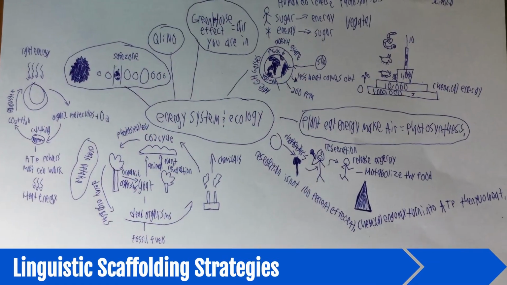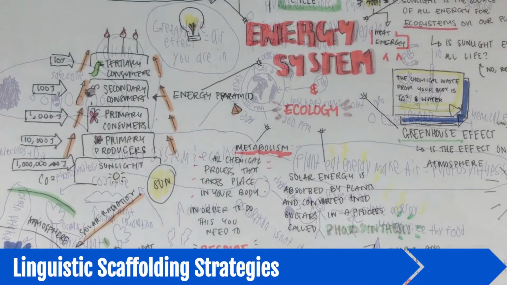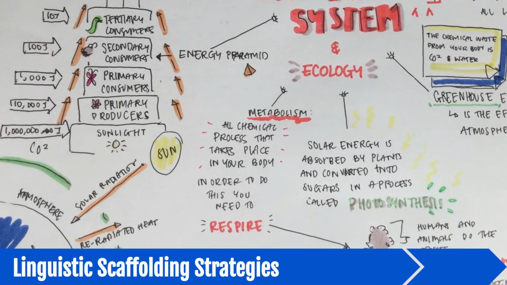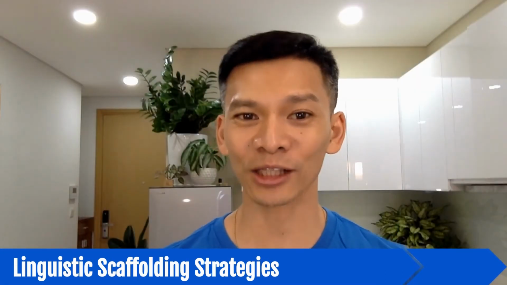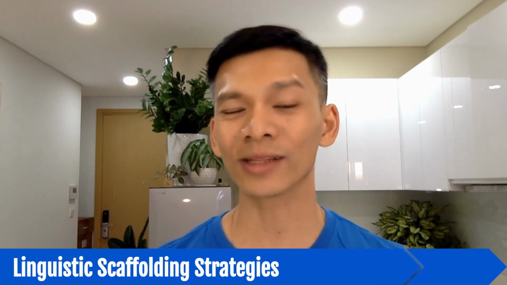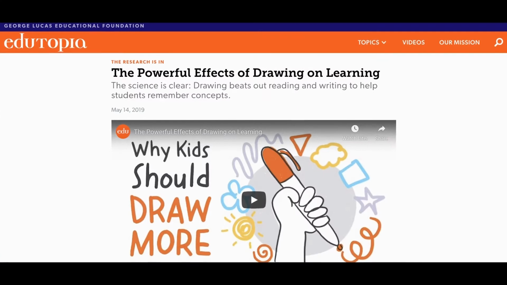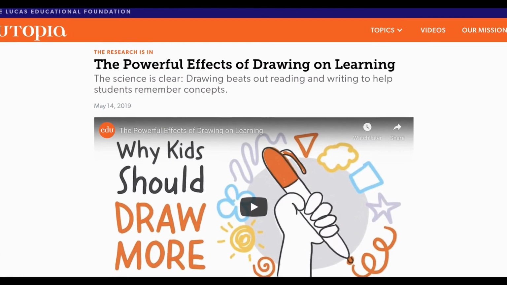This is a much more active way of learning content because it requires students to grapple with the information. The sketches add a visual element, and the limited text production doesn't overwhelm students who are learning to write simple sentences. This is a video from Edutopia about why students should be drawing more in your classes.